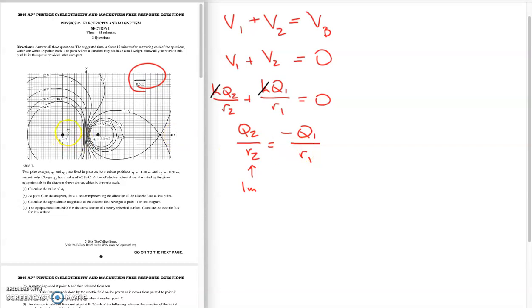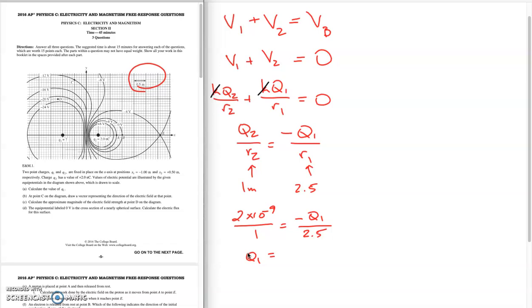For R1, it's 0.5, 1, 1.5, 2, 2.5. So that guy is 2.5. So Q2, this is going to be 2 times 10 to the minus 9th over 1 equals minus Q1 over 2.5.